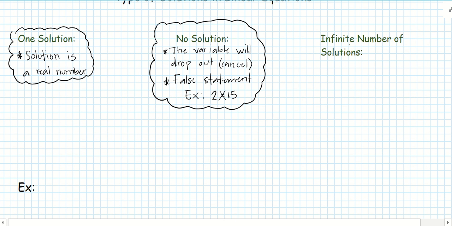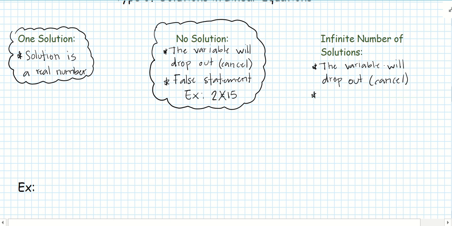Then we have some examples or some exercises where the answer will be an infinite number of solutions. And how can we tell that we have an infinite number of solutions? Well, first of all, the variable will also drop out, just like in the no solution case. So that means that it'll cancel.